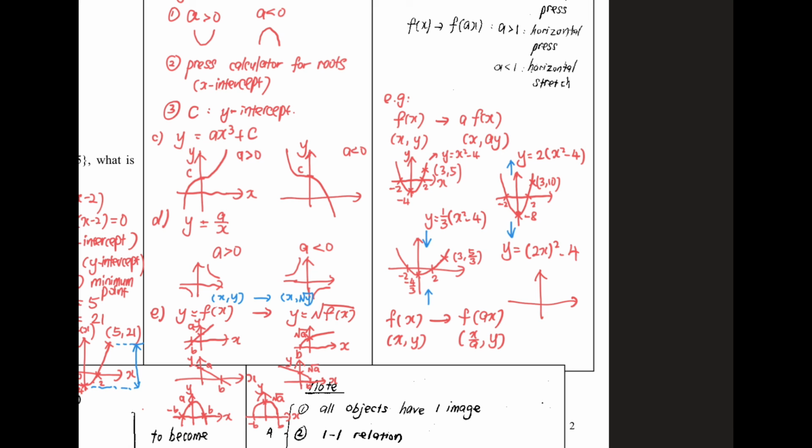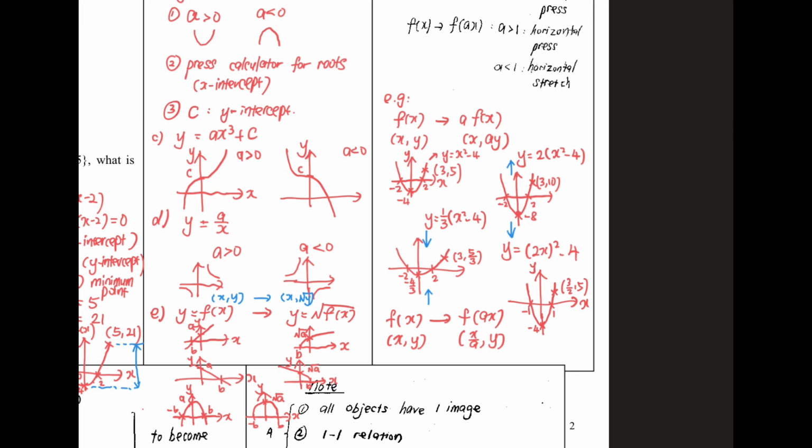The y coordinate is not affected, but the x coordinate you divide by 2. The first points to consider are the x-intercepts. The 2 and the minus 2, you divide by 2, they become 1 and minus 1. So it will become a graph that is very thin, like this. Here is 1 and minus 1. The point (3, 5) just now becomes (3 over 2, 5). The y coordinate is not affected, so the y-intercept remains as minus 4. So this is called horizontal press.